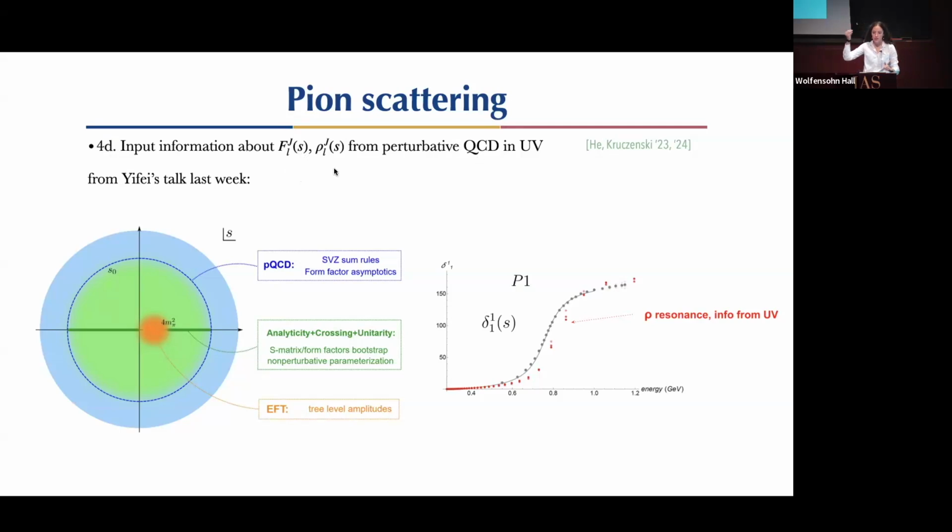So in the UV, you can use perturbative QCD. This is this blue part here in the S-plane. Then you have this non-perturbative bootstrap in general. And for low energies, you also have some bounds from EFT. And including this UV information through these form factors, you can get something like the rho resonance that you wouldn't get otherwise.